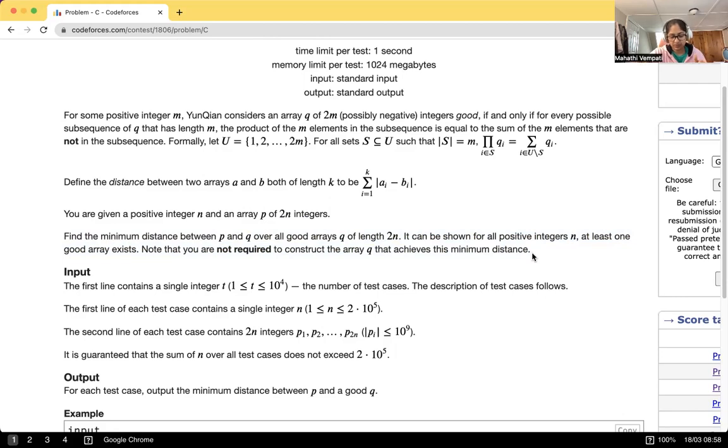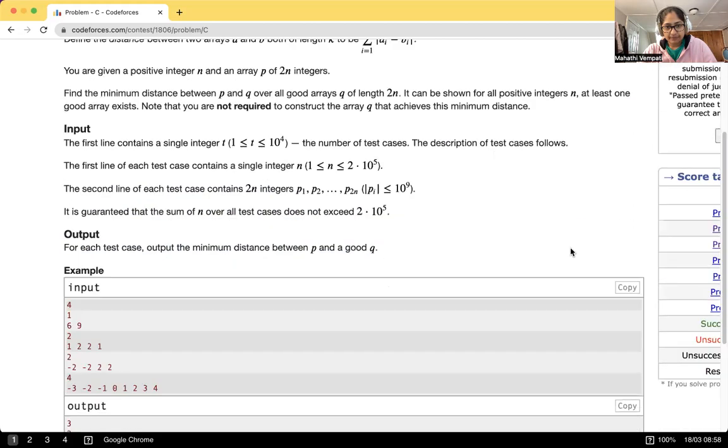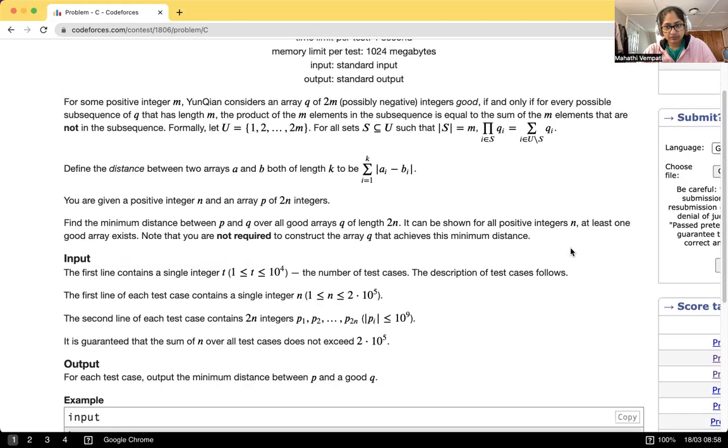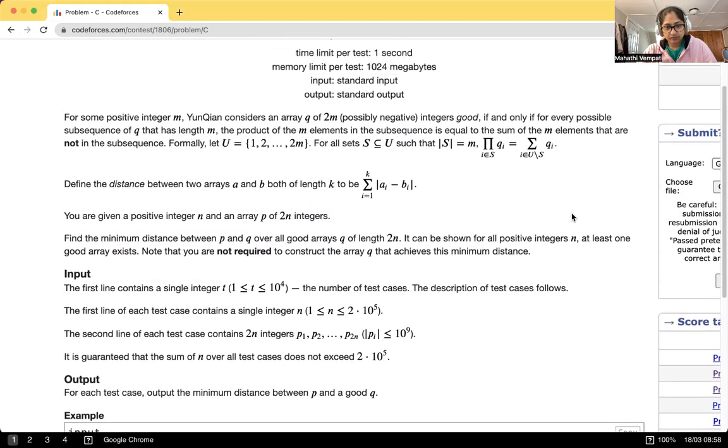Yeah, I mean, the one with all zeros is always good, right? Because the product will be equal to the sum. Twos is a good example.